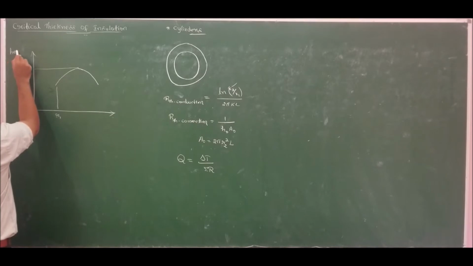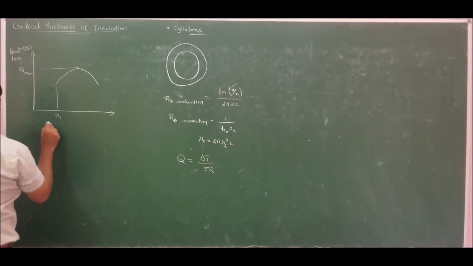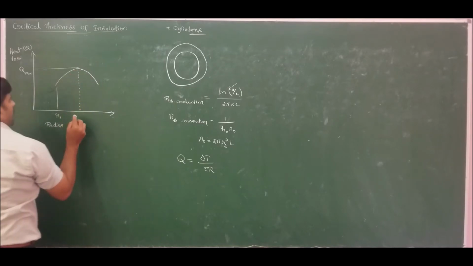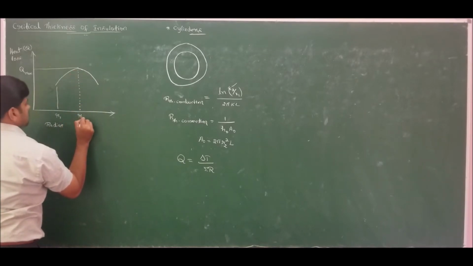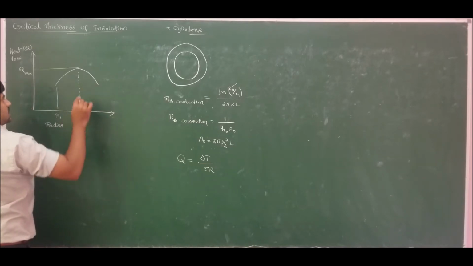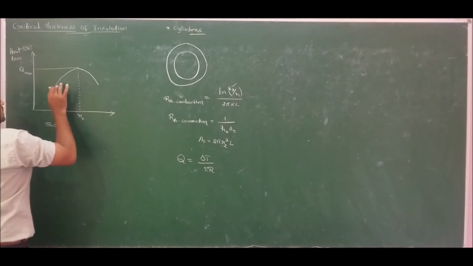This is heat loss, and this is radius, and the point where I get the maximum heat loss from the surface is known as the critical radius, and beyond the critical radius the heat flow will again start decreasing.